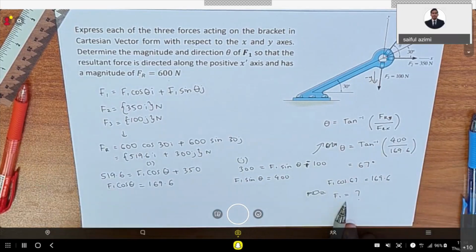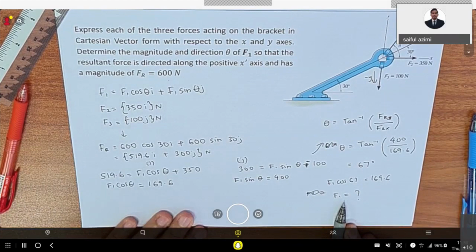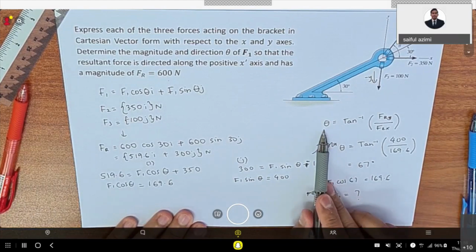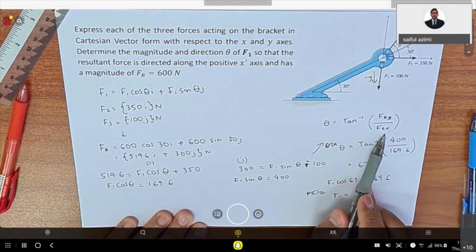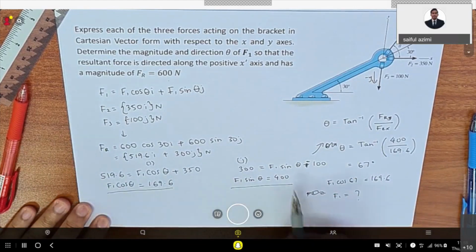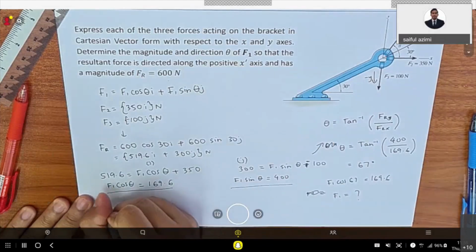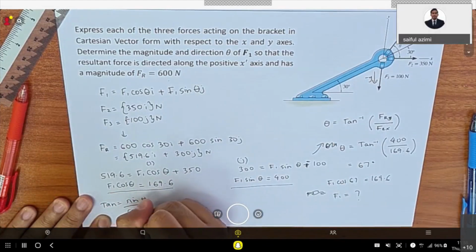Sometimes you are wondering how we get theta equals tan inverse of FRY over FRX. Actually, we got it from here. We are dividing them together. Tan equals sine over cos, so tan theta is sine theta over cos theta.